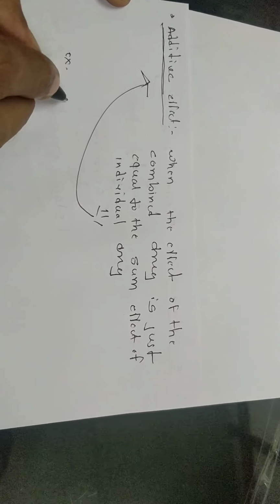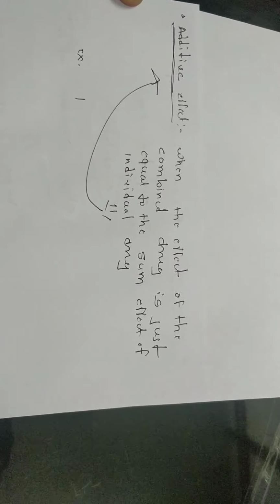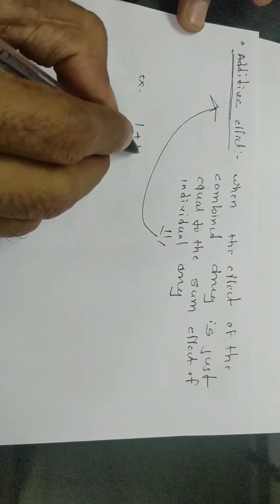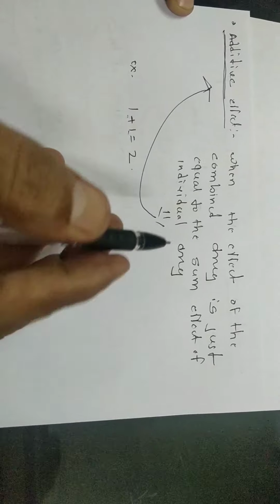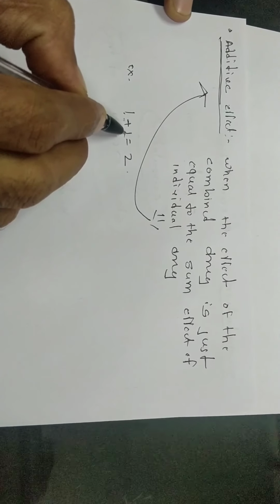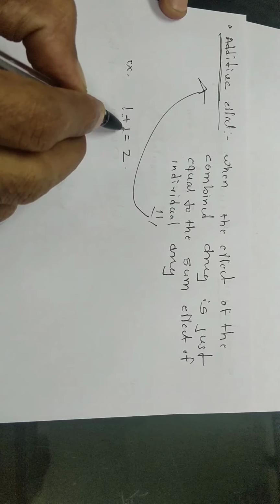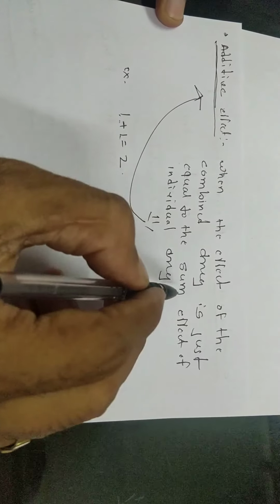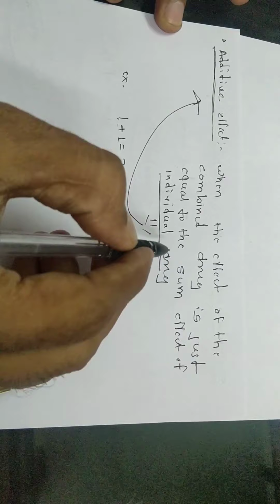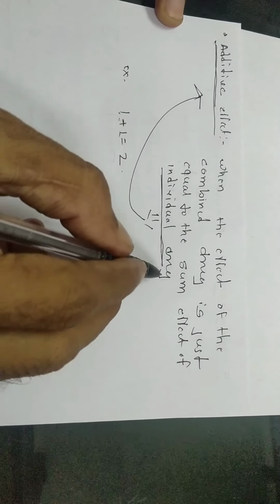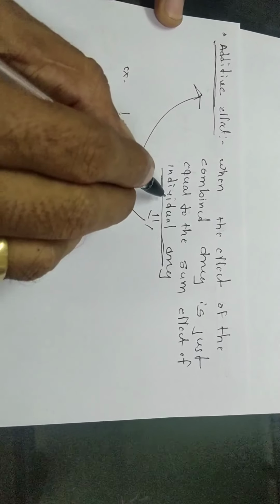Example, simply 1 plus 1 is equal to 2, that is the mathematical sum. Similarly, when two drugs combined together are administered, they produce an effect just like the individual ones; one drug does not enhance the other.